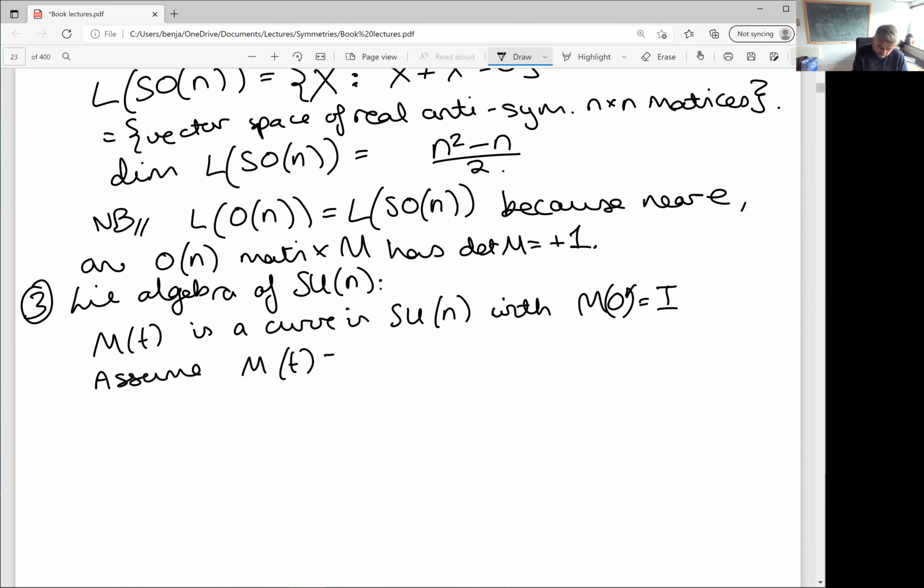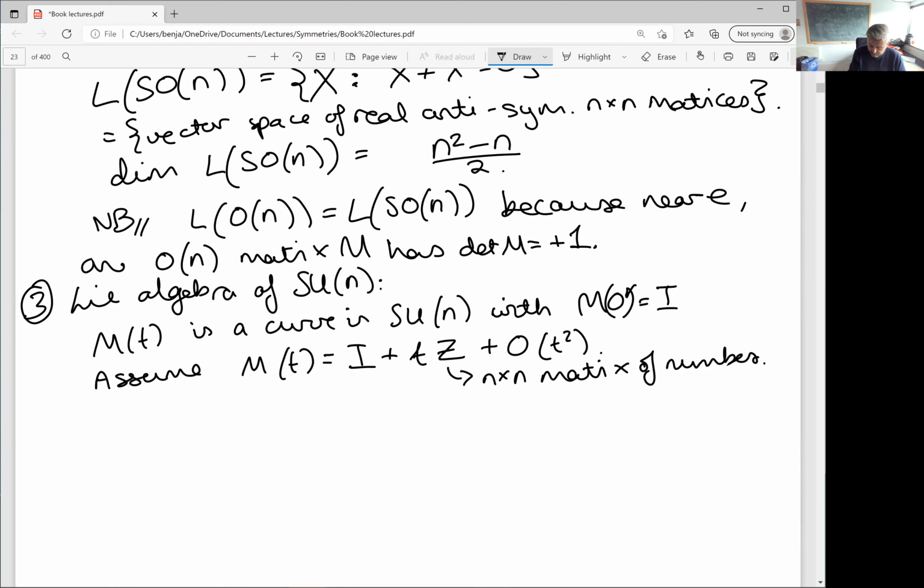So let's assume a Taylor expansion in small t. So what I've got here is some matrix Z of numbers, complex numbers, I should say.